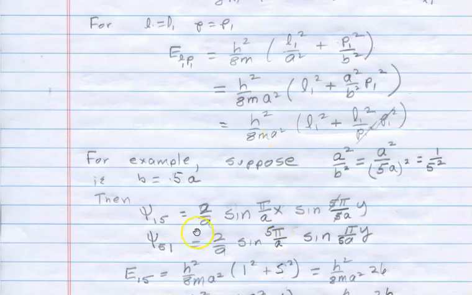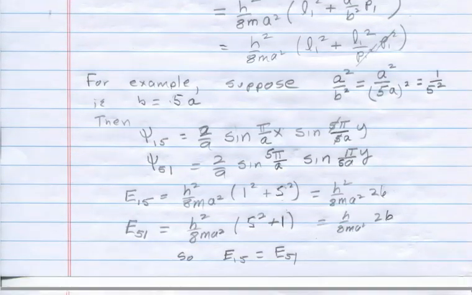Then I can write B as 5 times A. I can write the state 1, 5 as 2 over A. The sine functions, these go out, and likewise over here, the same quantity, and you find that the states are the same.